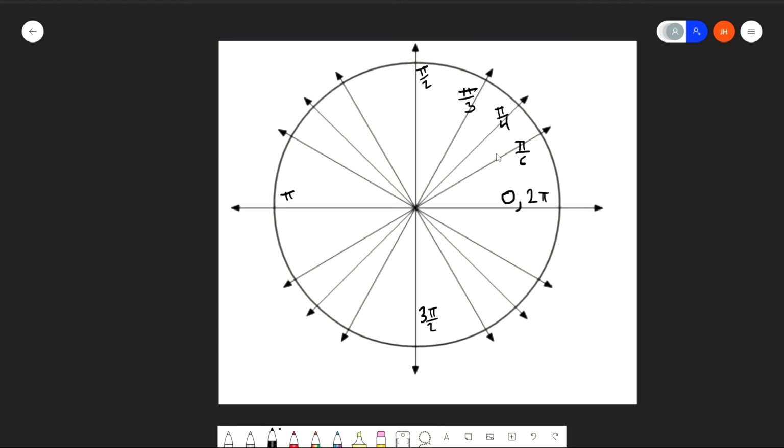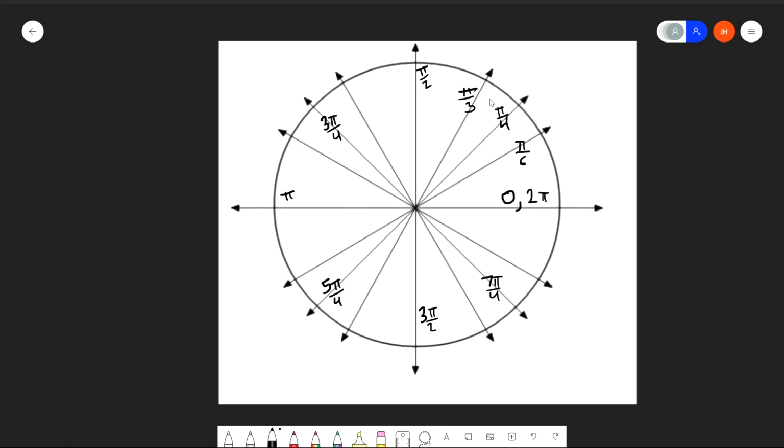Let's count by the pi over 4's. I have 1/4. 2/4 is 1/2. 3/4, so 3 pi over 4 is this angle. 4/4 is pi. 5/4, so 5 pi over 4. 6/4 is equal to 3/2. And then finally 7/4, so 7 pi over 4. What I'm doing is just counting by fractions, y'all.